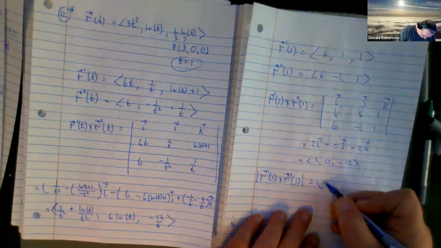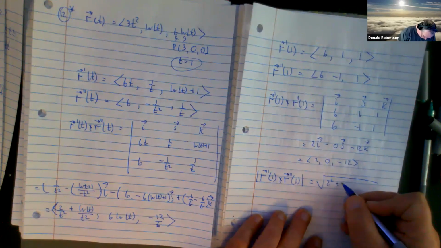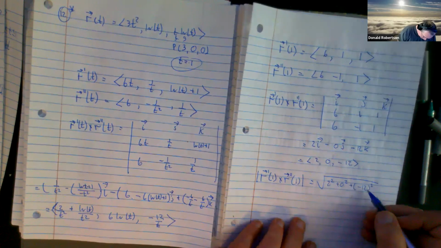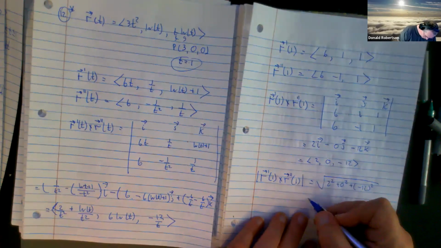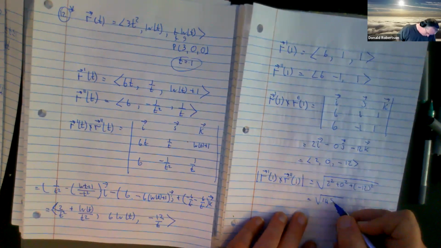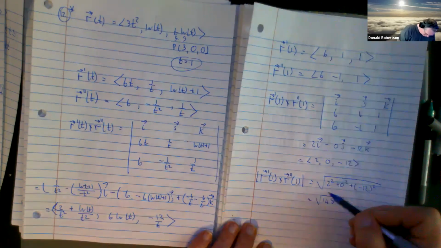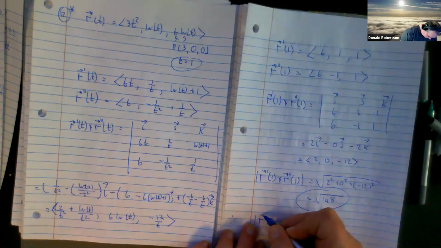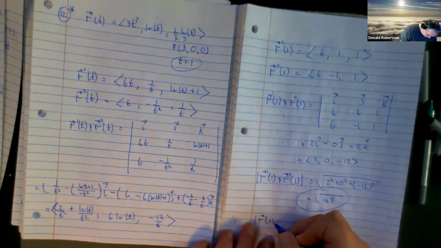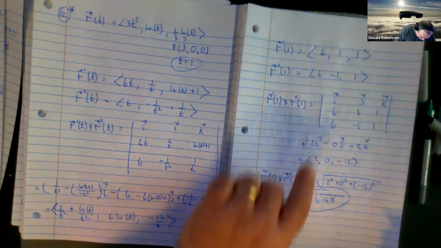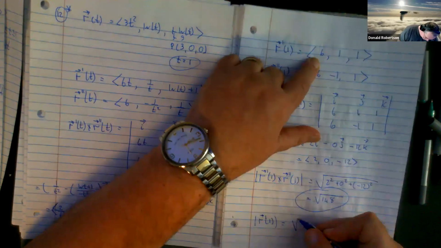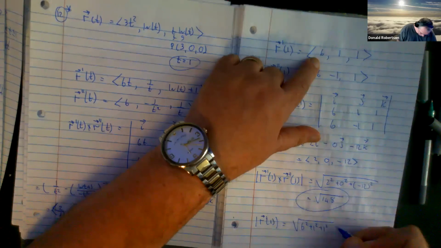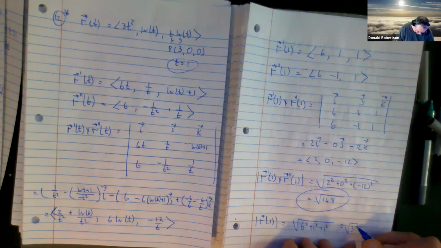So 2 squared plus nothing squared plus negative 12 squared. That's 144 plus another 4. So that's the square root of 148. I can handle that. I'll circle around it to remind myself. Now I'm going to find the magnitude of the first derivative, which is this guy. So it's going to be the square root of 6 squared plus 1 squared plus 1 squared, which is the square root of 38.